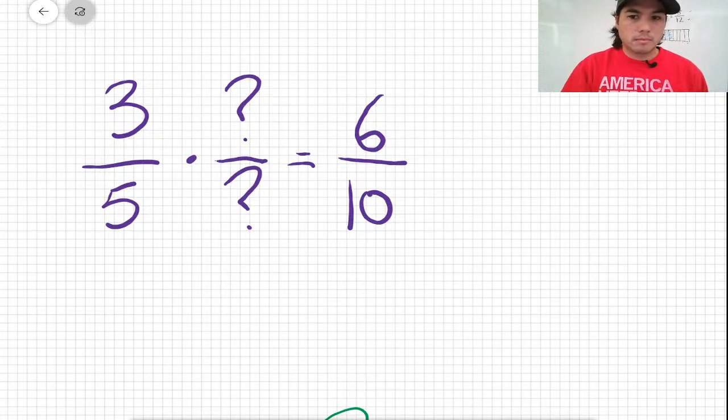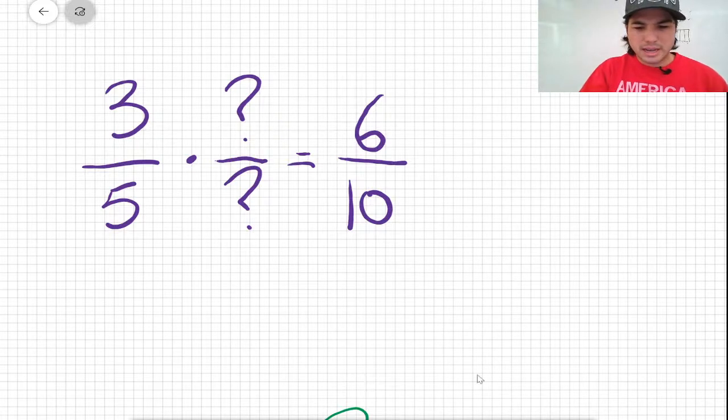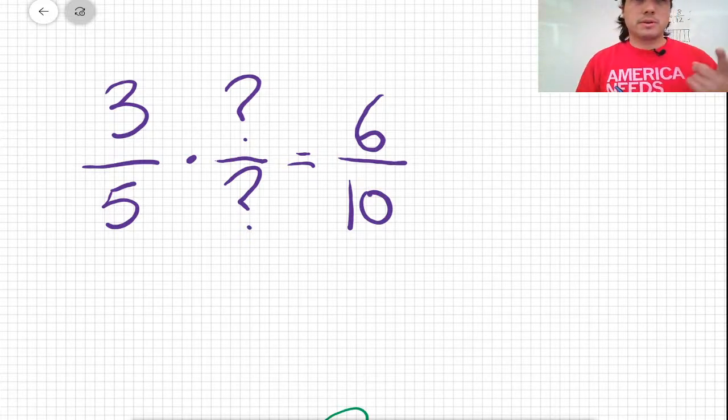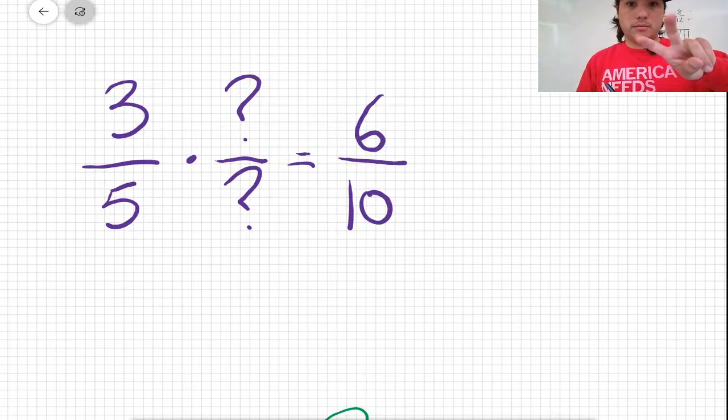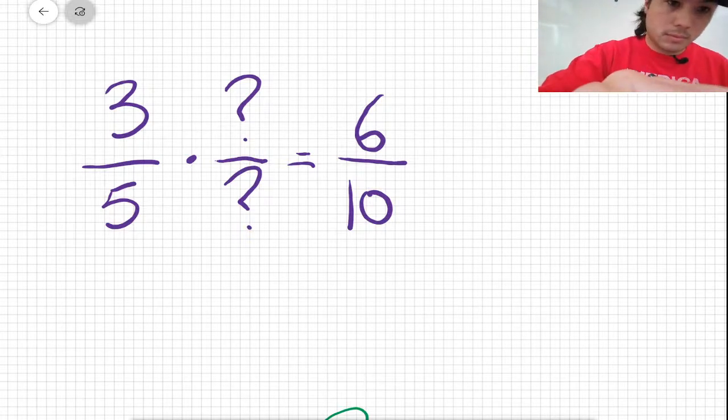Okay? So 3 times something is going to equal 6. 3 times what? 3, 6, 2. So let's try putting a 2 here.